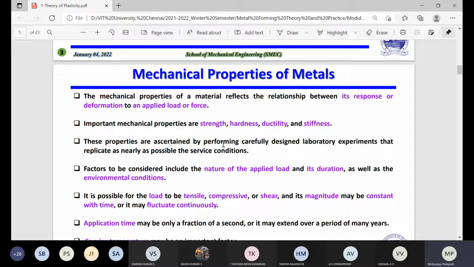Then other properties are strength, hardness, ductility and stiffness. These we also have to understand. Maybe I will put one slide on this at the end, after finishing fracture and everything. These properties are ascertained by performing carefully designed laboratory experiments that replicate as nearly as possible the service conditions. Initially we have to think about whether our idea is feasible or not.